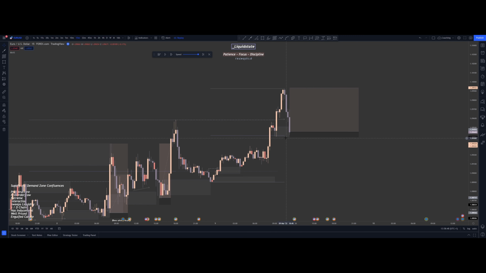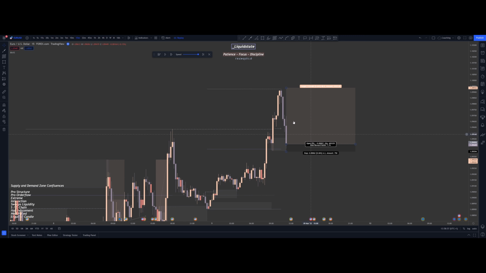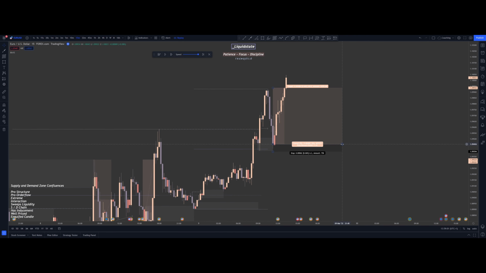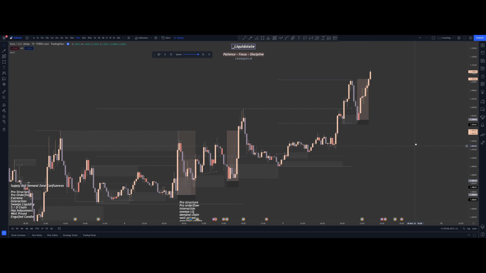Slightly less probable because it's not quite in the discount. We just barely miss it, so that's one thing against this trade, but it does end up playing out, and we take out the high as assumed.